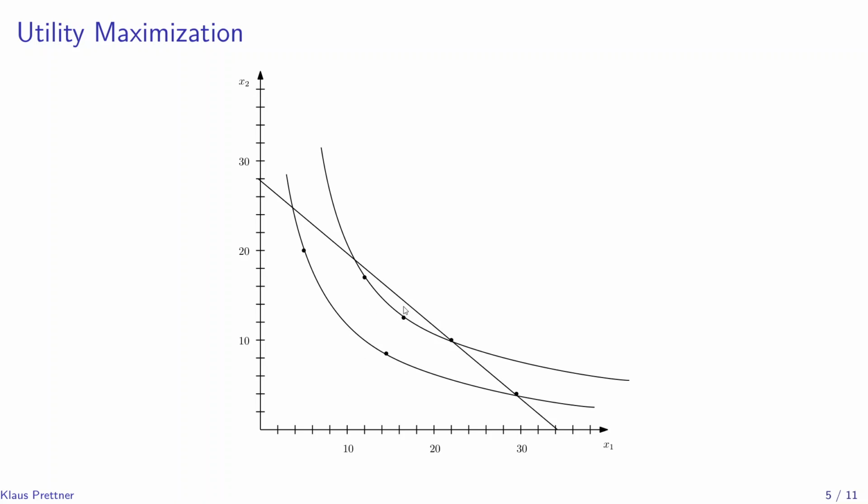So leaving money on the table would be something that reduces your utility, basically. So if you spend more but still stay inside the budget set, that would increase your utility or shift the indifference curve further away from the origin, which is the same thing.